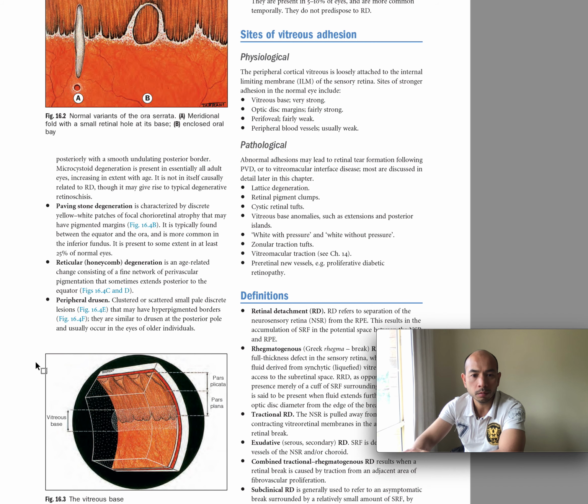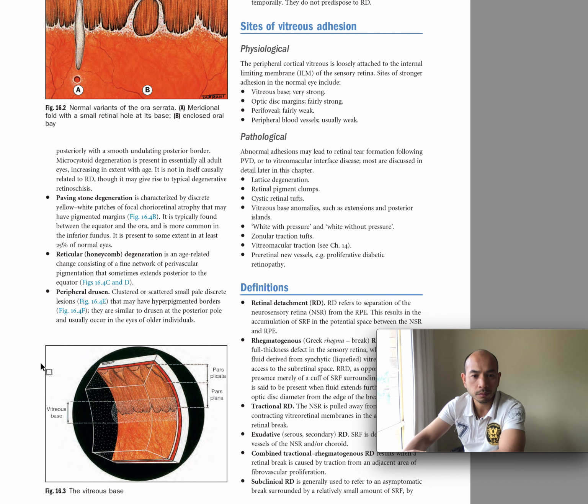It must be on another page. They may have a hyperpigmented border, figure 16.4f. They are similar to drusen at the posterior pole and usually occur in the eyes of older individuals.